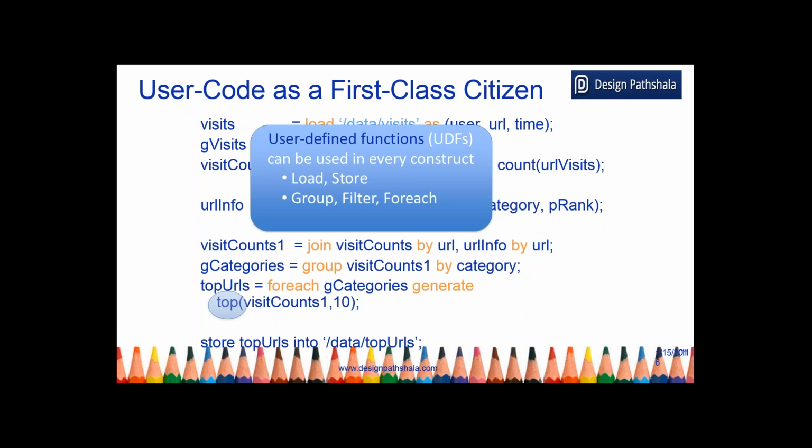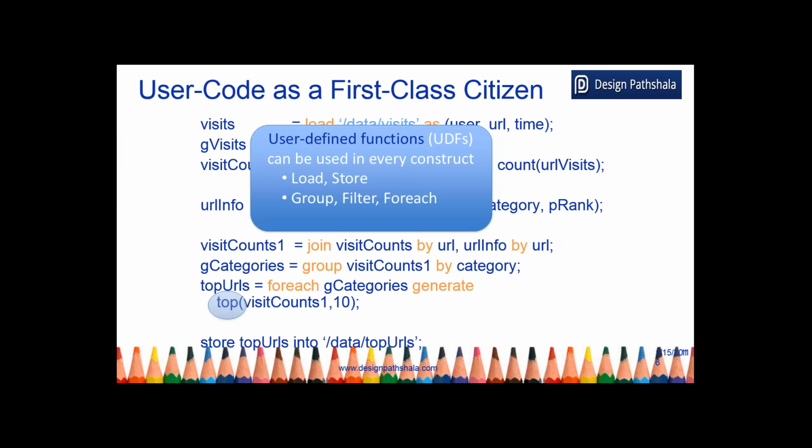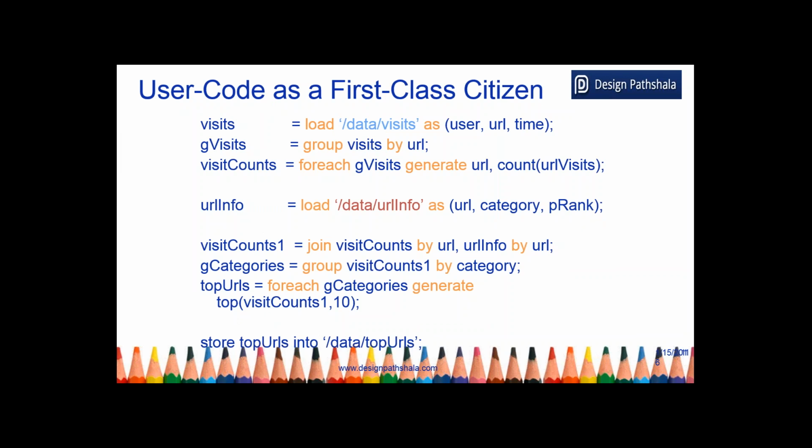Then we can apply a UDF. Here top is a UDF which is applied onto the visit counts to generate the top 10 URLs. So the code is pretty simple. I hope you are able to understand it. It's just the syntax which will take some time to digest, but it's pretty simple what we did to generate the top 10 URLs.